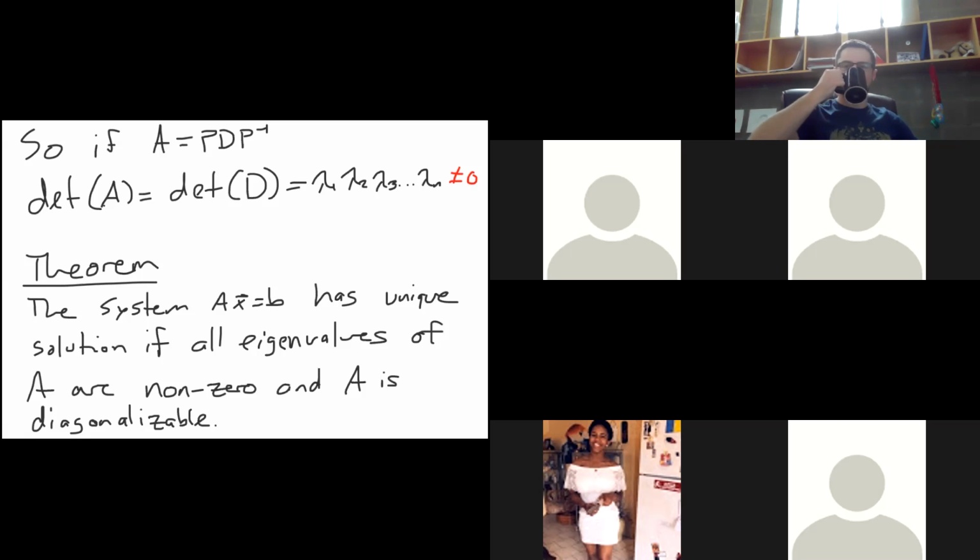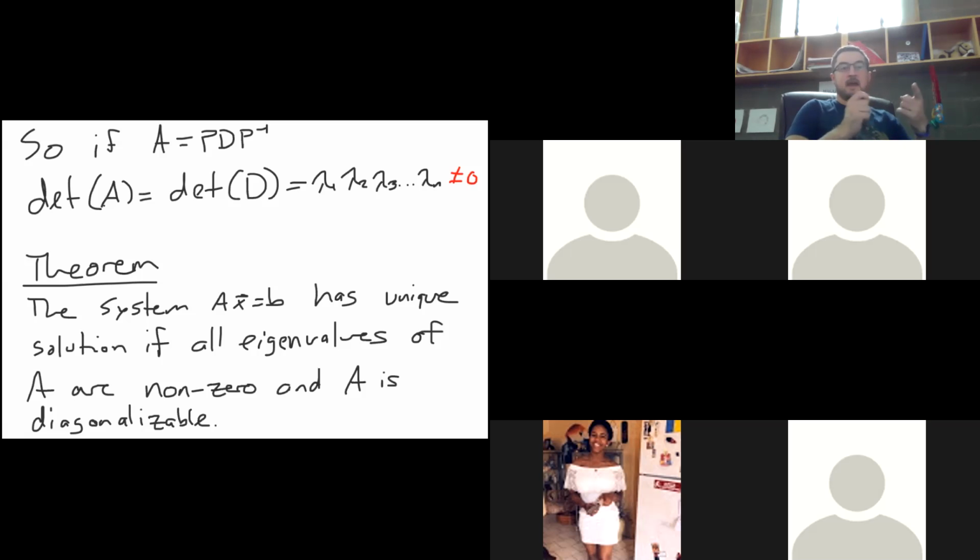Oh, so if one of your eigenvalues is 0, it means that it's not diagonalizable. Not necessarily. You can still diagonalize it, you just won't have a unique solution. So you can diagonalize matrices that if you threw into a system won't have a unique solution, will have free variables in them.